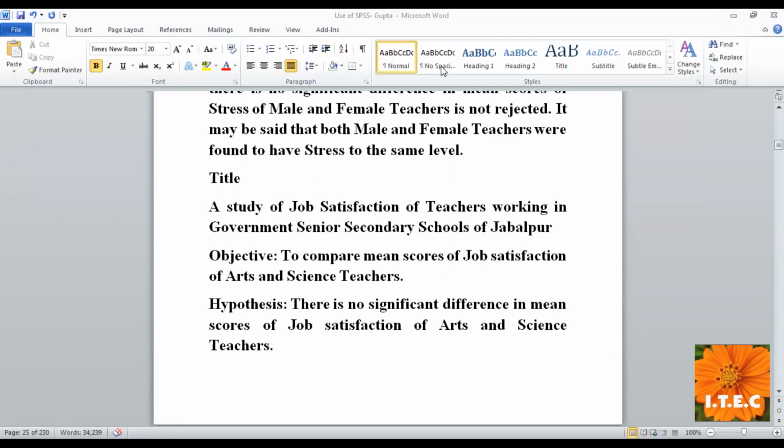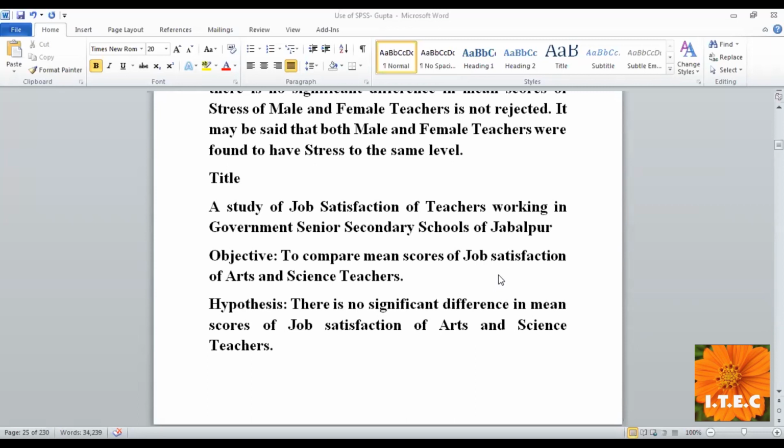Mamta, you have not given the complete answer. Shalini, your answer is correct. Any other participant like to answer? No, Mamta, this is not the correct answer. From the objective, find out the variables and tell me which are the variables.